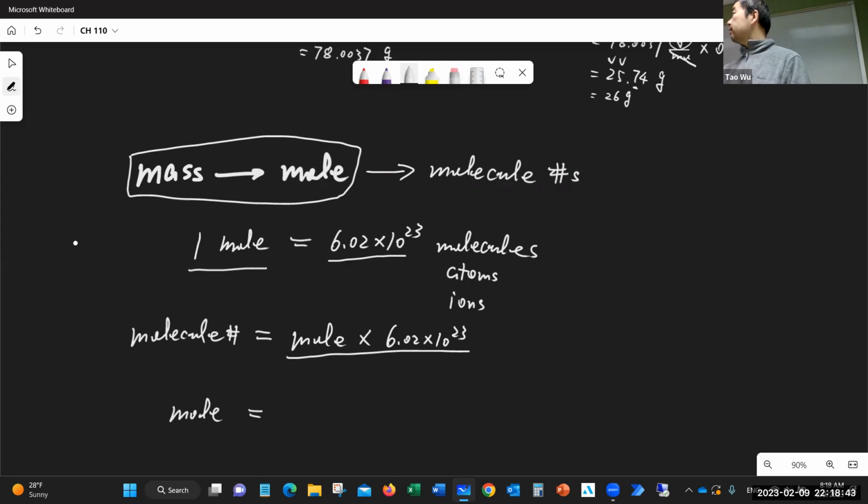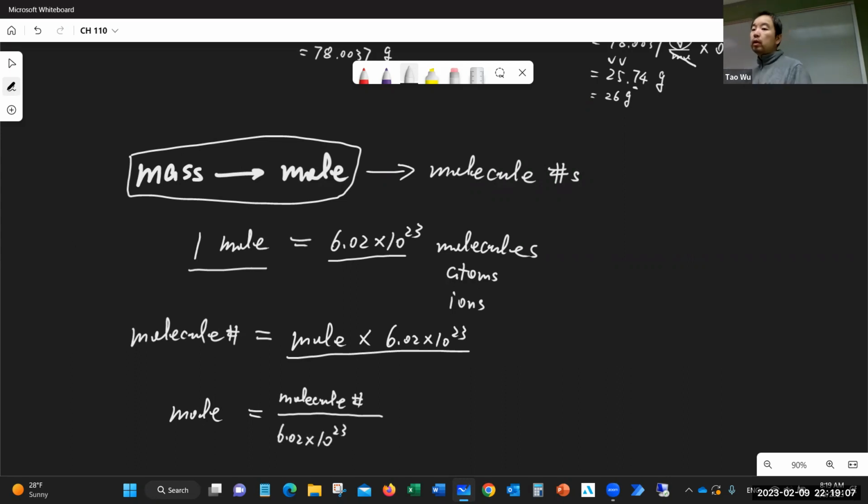You divide by 6.02 times 10 to the 23rd on both sides, and then you get mole. So mole is the molecule number divided by 6.02 times 10 to the 23rd.